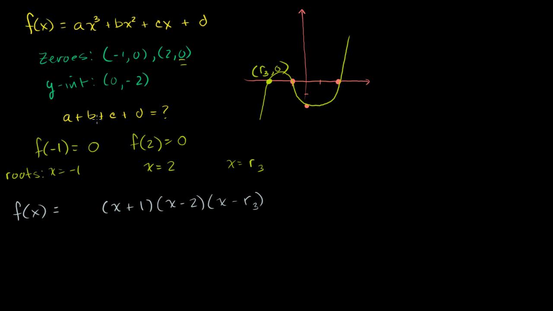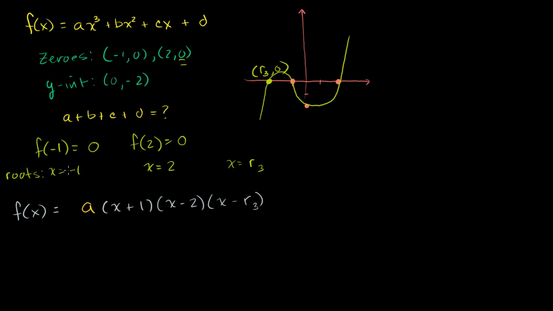And we want to put an a out front, and I'll tell you in a second why I'm putting this a out front. Because if you were to multiply just the x terms here, when you actually do your distributive property and multiply out these binomials, you'll just get an x to the third. But we had an ax to the third, so you just need a constant a there to make this an ax to the third.